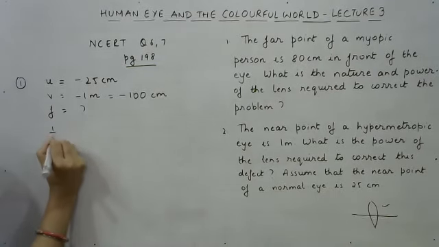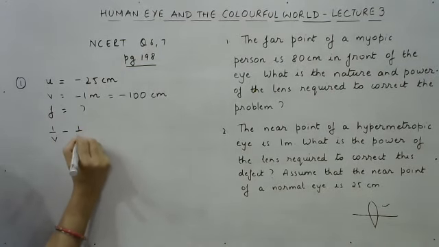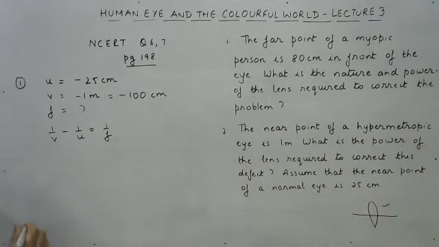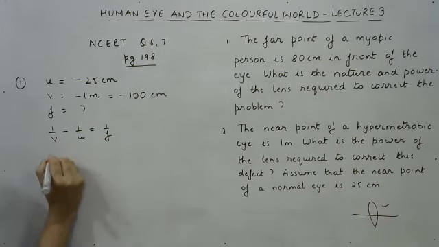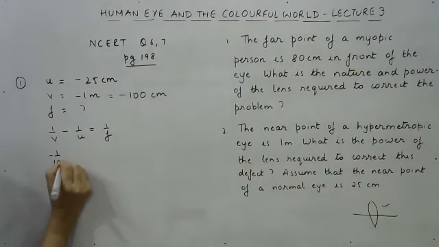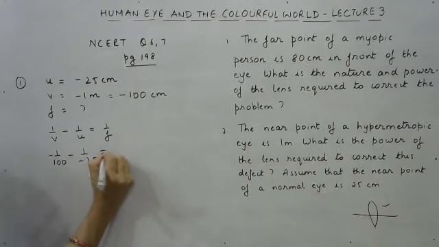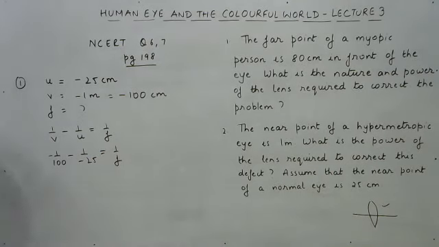We'll substitute the values in the lens formula. 1 upon v minus 1 upon u is 1 upon f. Put in the values, it comes out to be minus 1 by 100 minus 1 by minus 25 is equal to 1 by f. Simplify this.